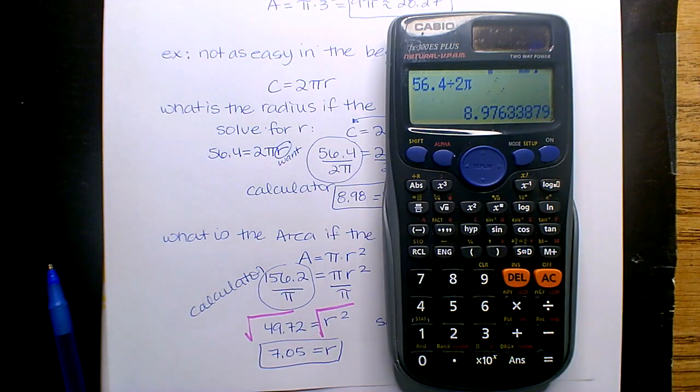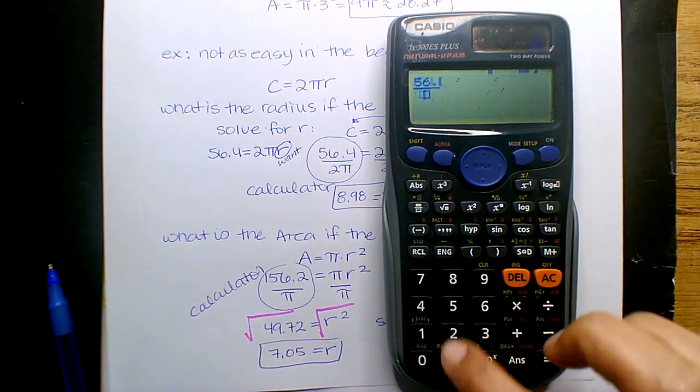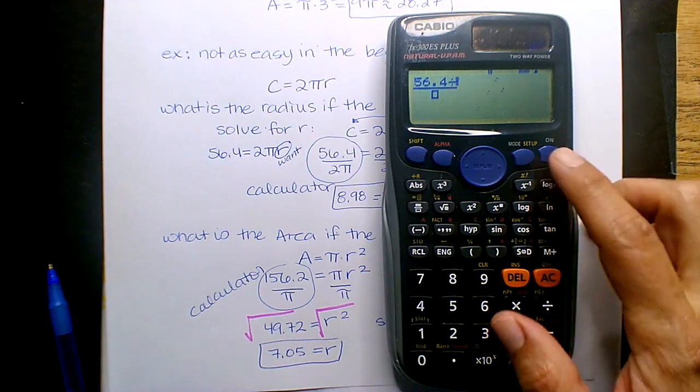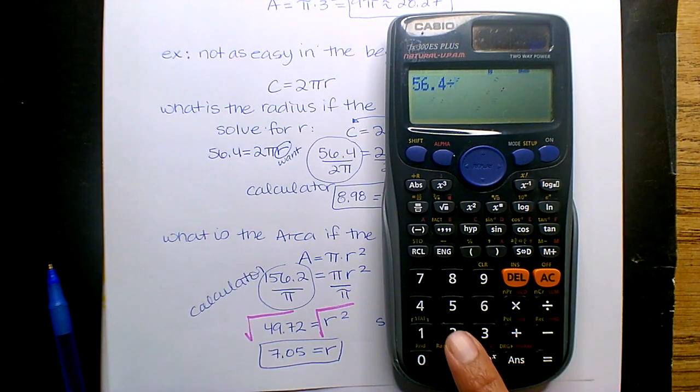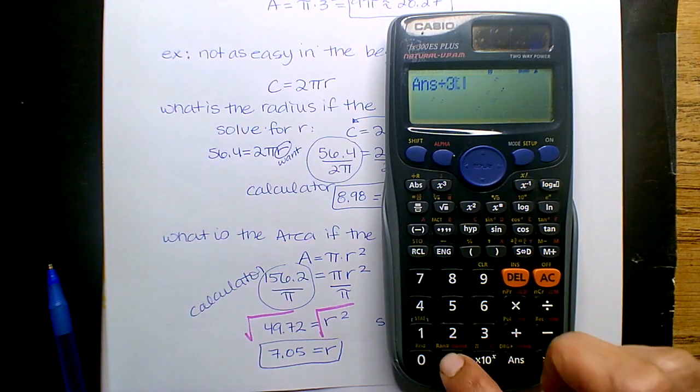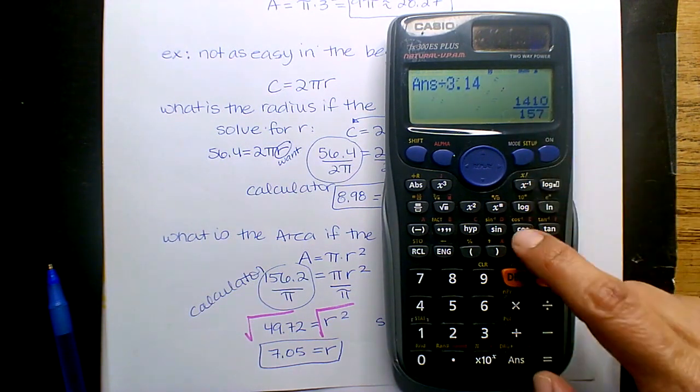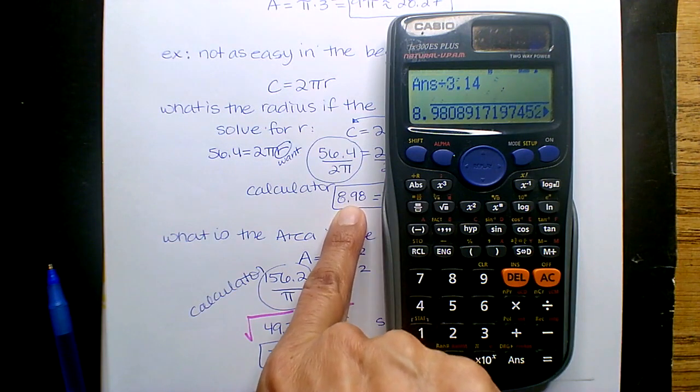So again, just like with trig, to do well on this test you have to know what you like on the calculator. There's a preference to it. Do you want the fraction button, or do you want the division? And you could even do it in steps. 56.4 divided by 2, and then divided by 3.14, and there's my 8.98.